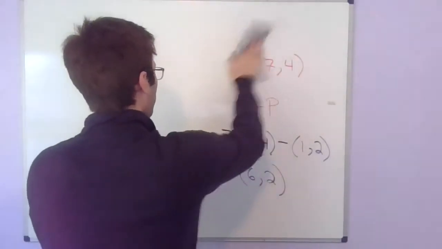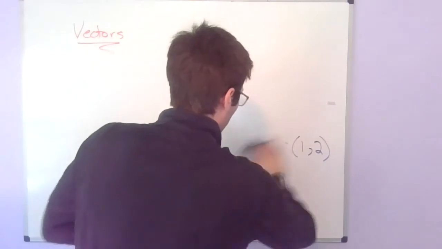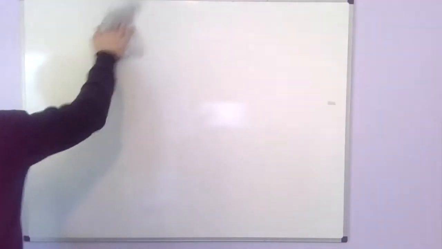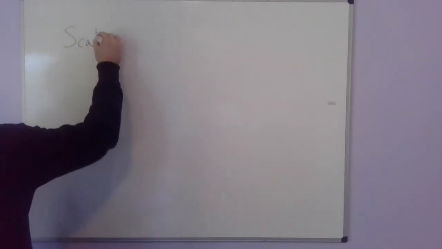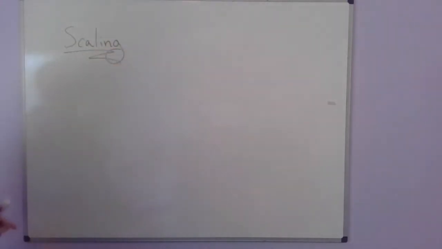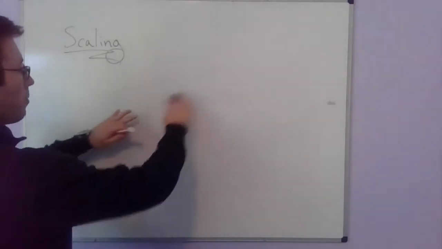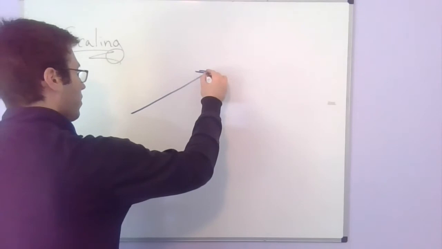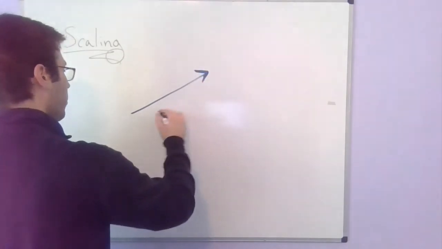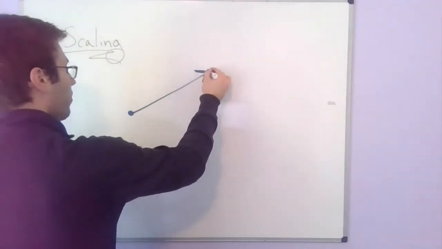Now I'm going to talk about the scale factor. So this is a vector, and we're going to talk about scaling and vectors. A lot of times, instead of just denoting the points P and Q, we could just denote a vector in space, V for vector. This vector is always going to be finite.